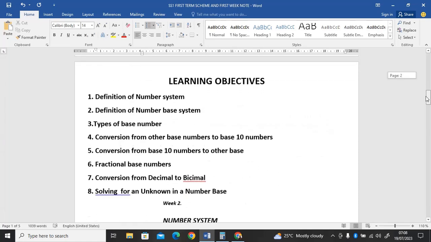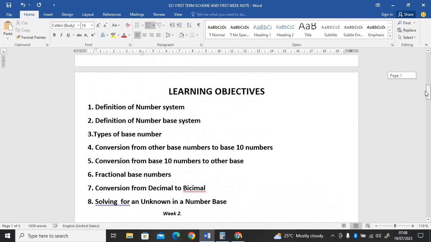Now, what is the learning objective for this particular tutorial? We are going to look at the definition of number system. Number, how do we define it? What is it all about? Definition of number base system, types of base numbers, conversion from other base numbers to base 10 numbers, conversion from base 10 numbers to other bases, fractional base numbers, conversion from decimal to decimal, solving for an unknown in a number base.